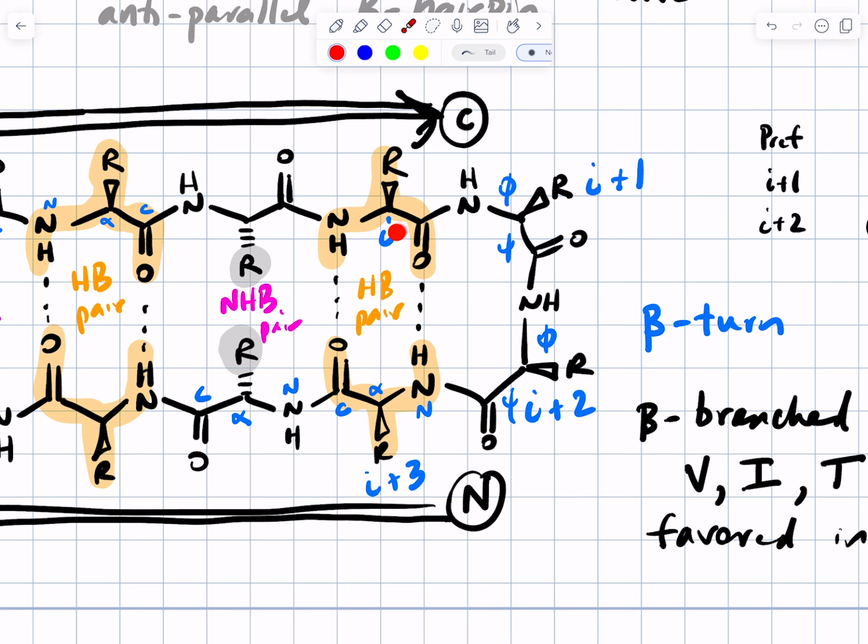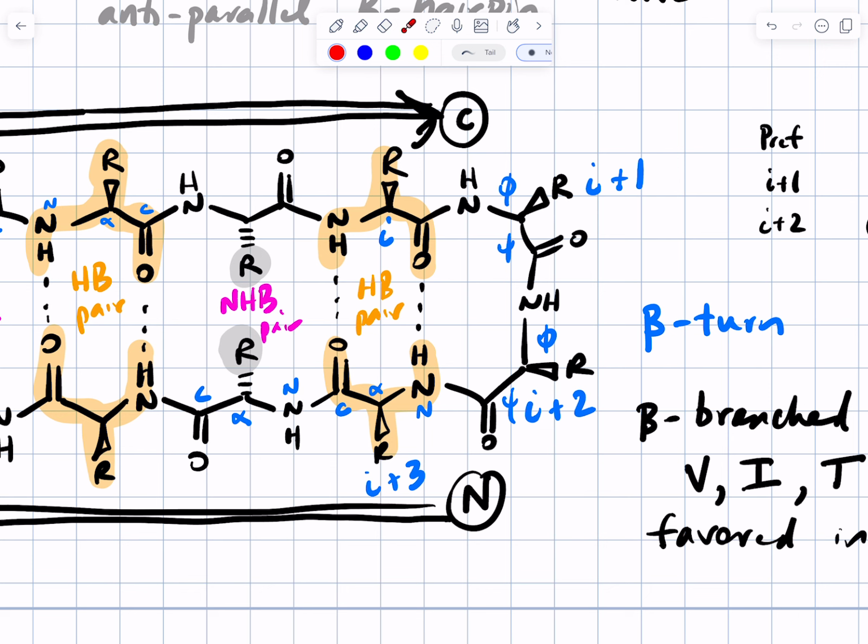And they call the first amino acid in the hydrogen bound pair I, then I plus 1, then I plus 2, then I plus 3. And these two amino acids that make the turn have to kink back on each other, and these are the I plus 1 and I plus 2 amino acids.